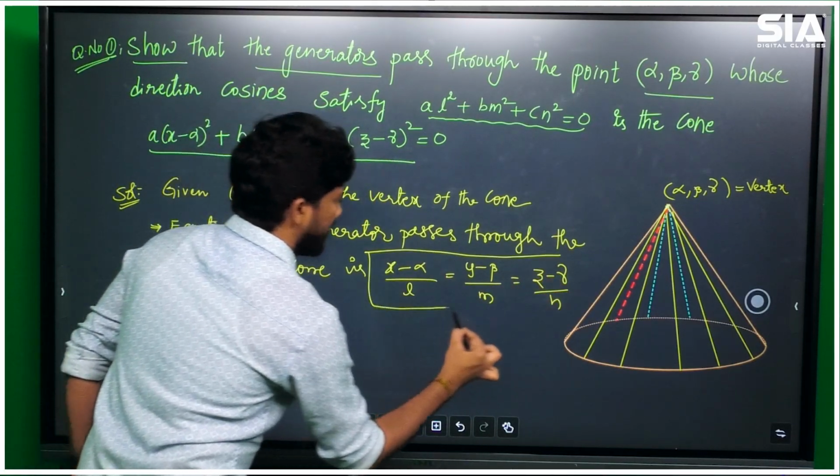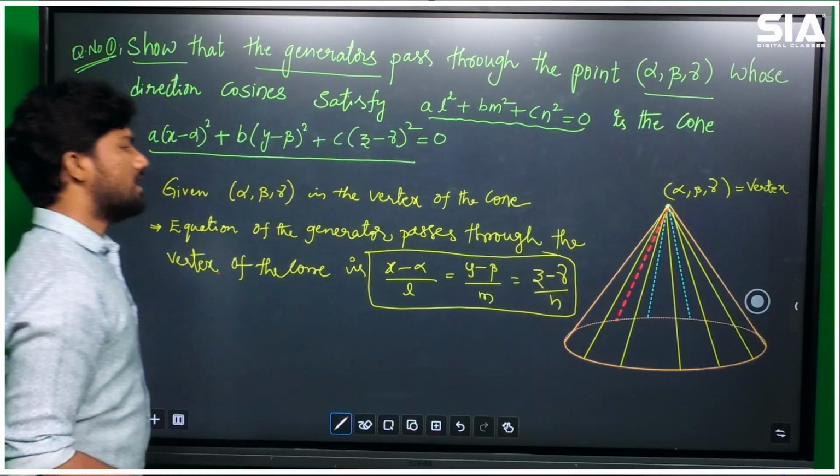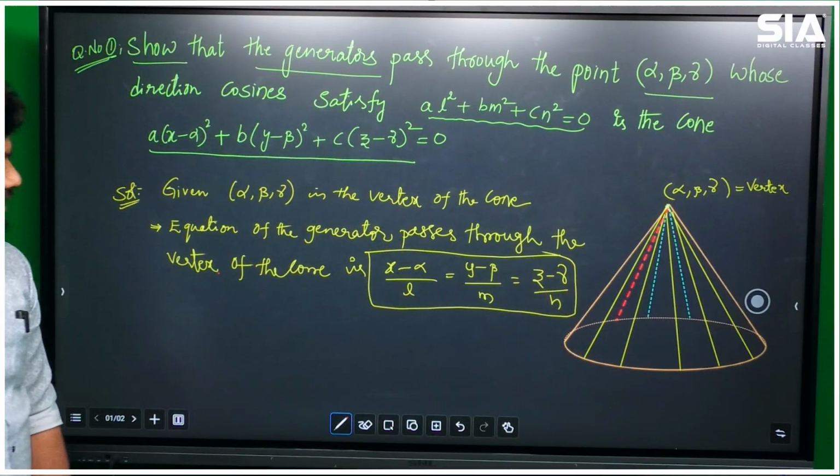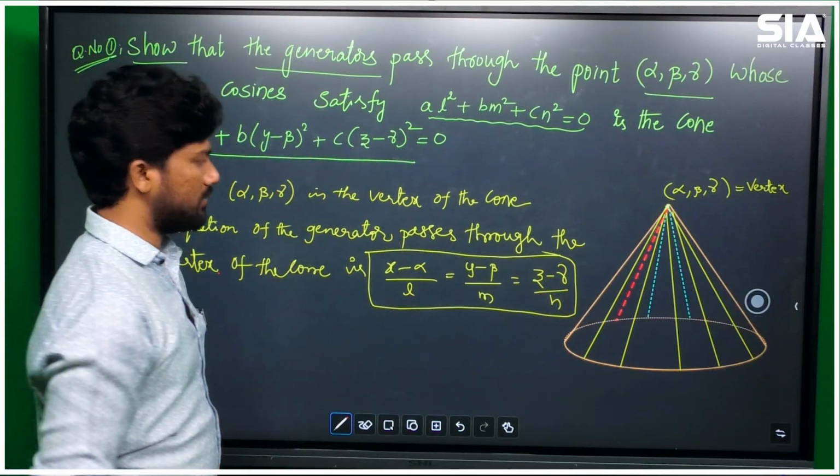Remember carefully: (x minus alpha) by l equal to (y minus beta) by m equal to (z minus gamma) by n.